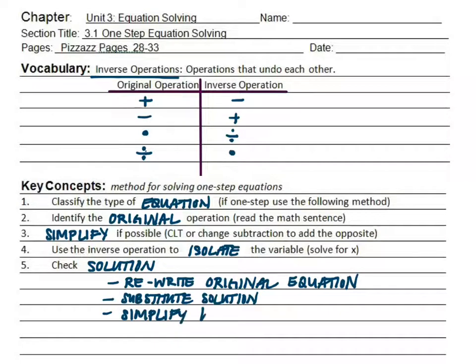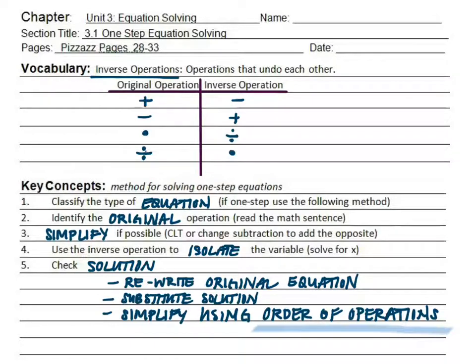We're then going to want to simplify using order of operations. Make sure that we are using order of operations instead of resolving the problem. A check is not a resolve, it is using order of operations after that substitution happens. So make sure that that's the way that you are checking your solution.